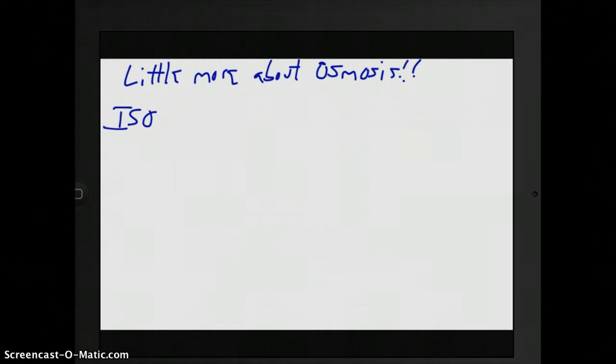We're going to learn a little more about osmosis, which is the movement of water through a cell. There are three words in osmosis: isotonic, hypertonic, and hypotonic.